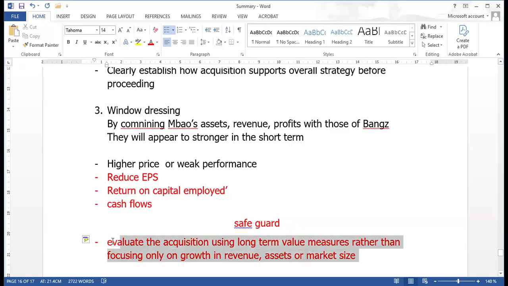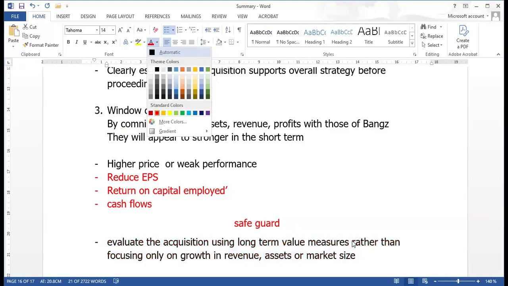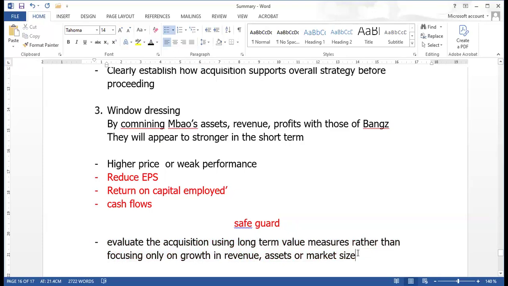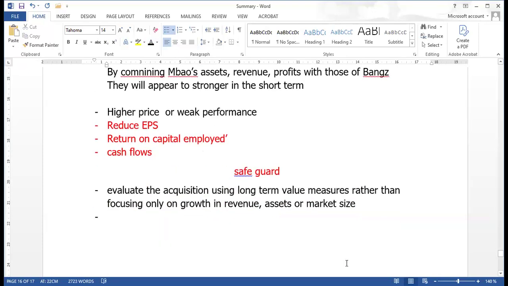You have to look beyond that. The board should establish whether the acquisition will improve the cash flow.